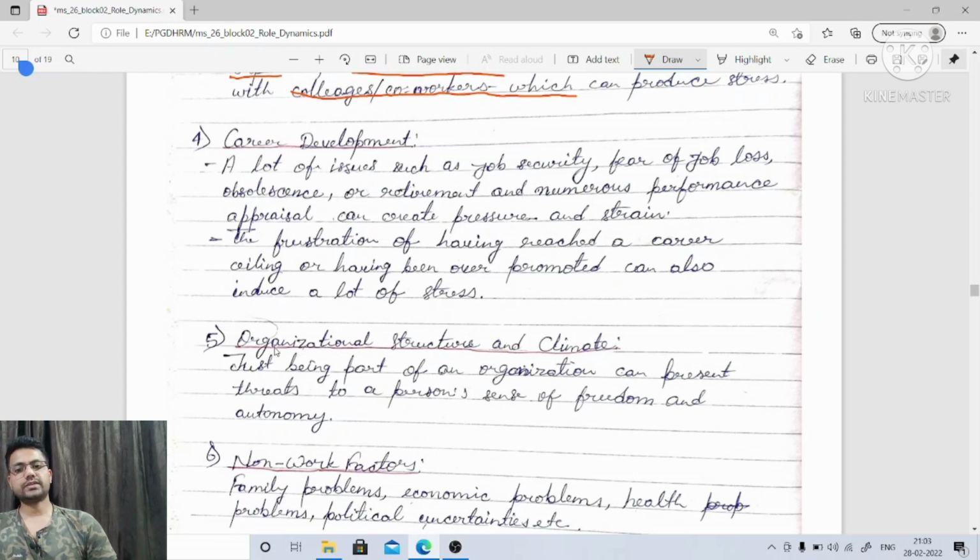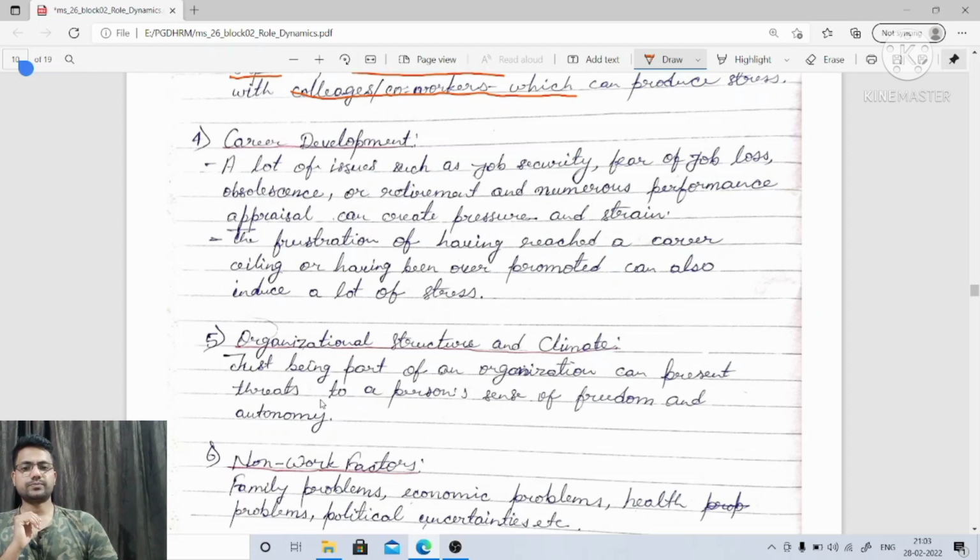Next, organizational structure and climate. Just being part of an organization can present a threat to a person's sense of freedom and autonomy.